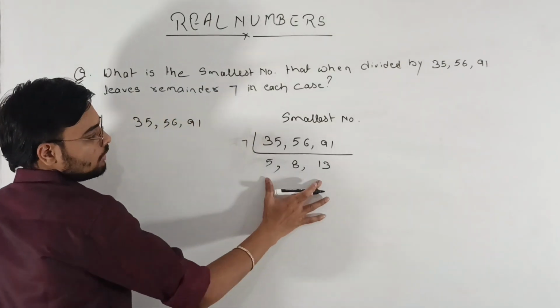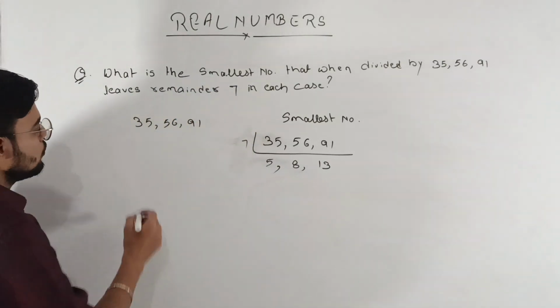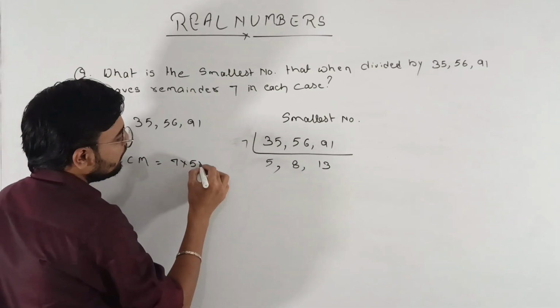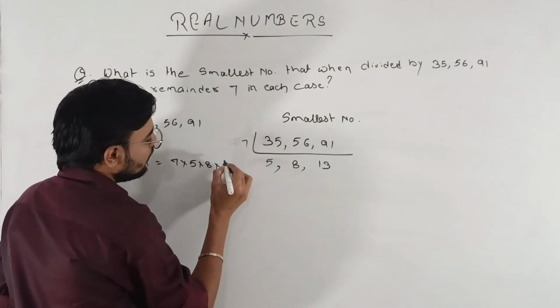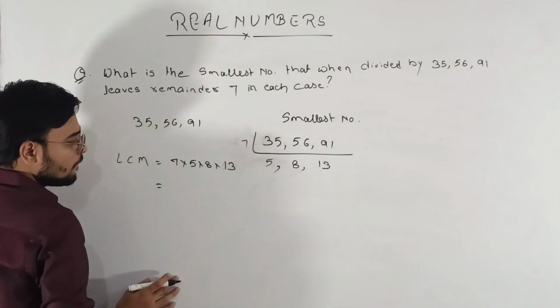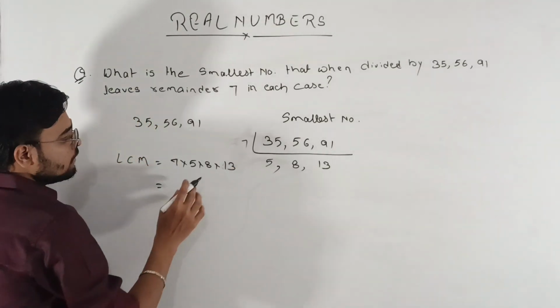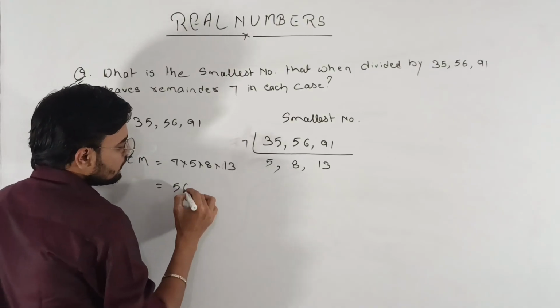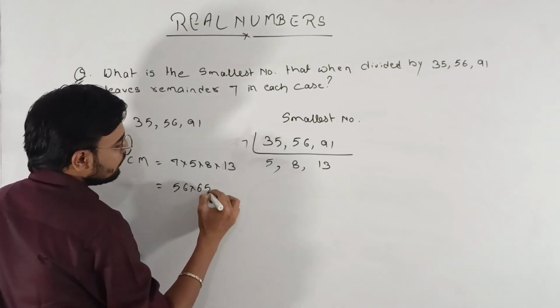Now these three cannot be cancelled further. So our LCM is 7 into 5 into 8 into 13. Now multiply this. 7 times 8 is 56, and 13 times 5 is 65.